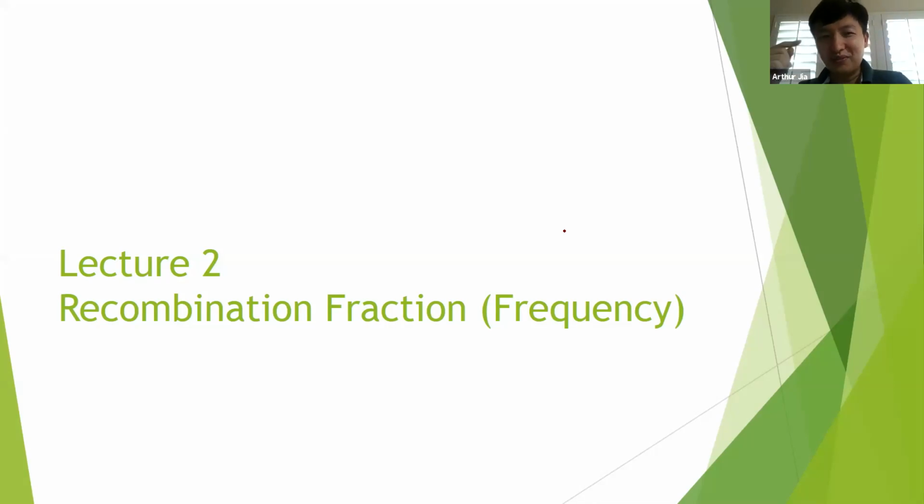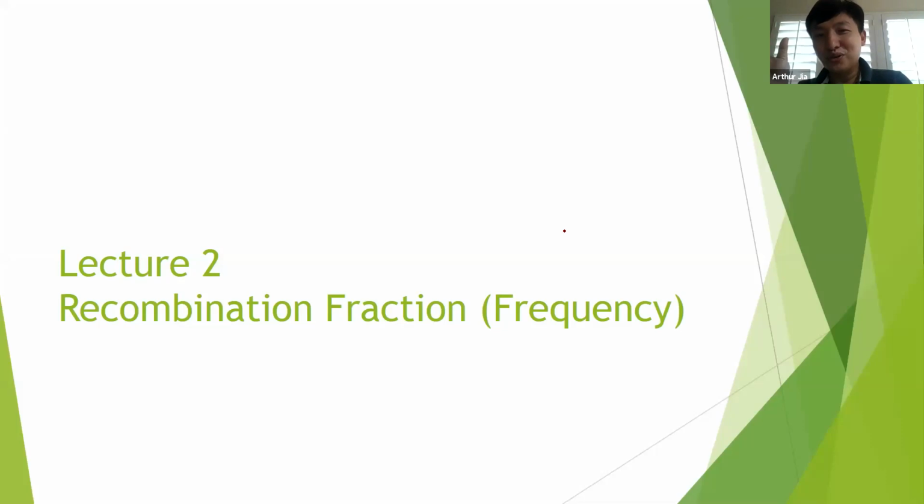The first step, we use the map function to calculate a realized value for this R, so we can test if this R equals 0.5 or not, because 0.5 represents non-linkage, right? So first we can test if these 2 loci are linked or not.